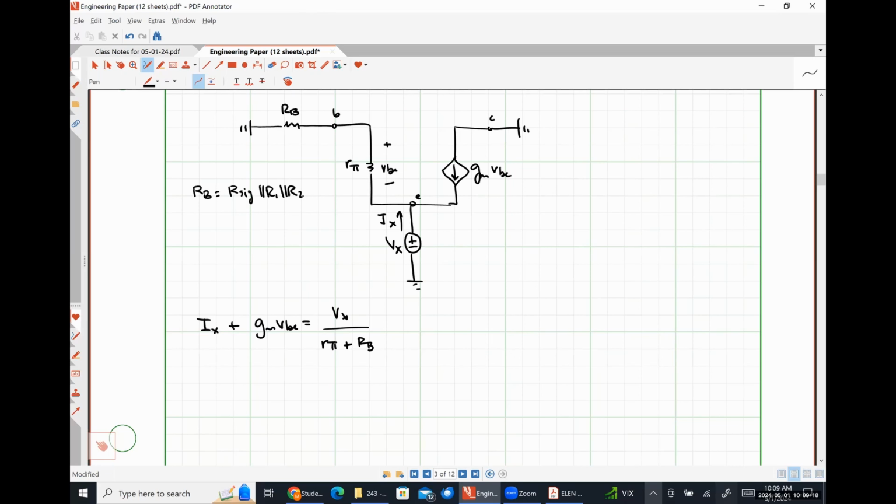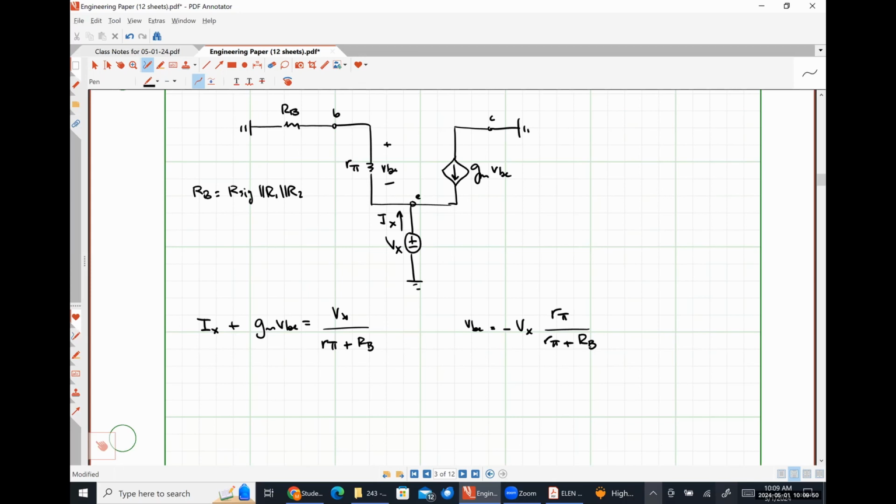So I can find VBE just using voltage division, because I have a voltage source and then a series combination of resistors in parallel effectively with that voltage source, right? So VBE is nothing more than negative Vx times R pi over R pi plus RB. Okay with that?